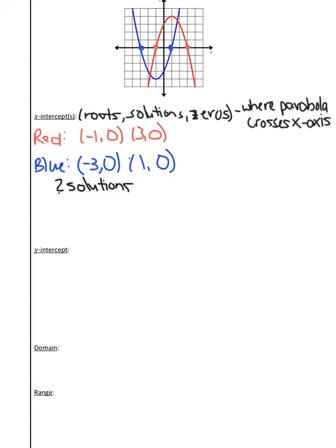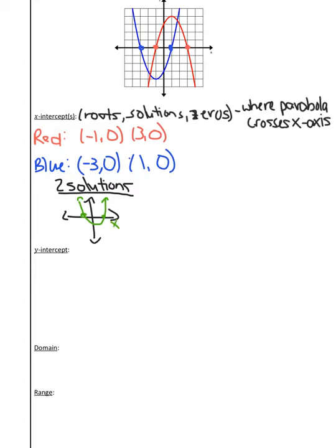I'm going to write two solutions, and then sketch a little x and y axis here, change to green, and draw a parabola. An example of two solutions would be this, crossing the x-axis in two places.